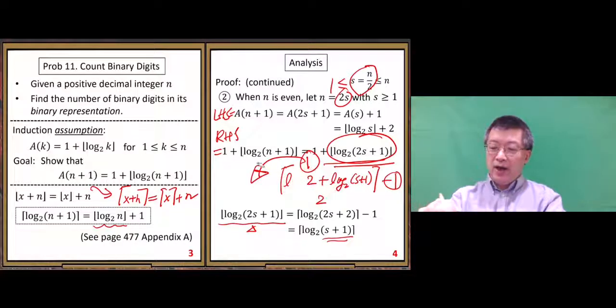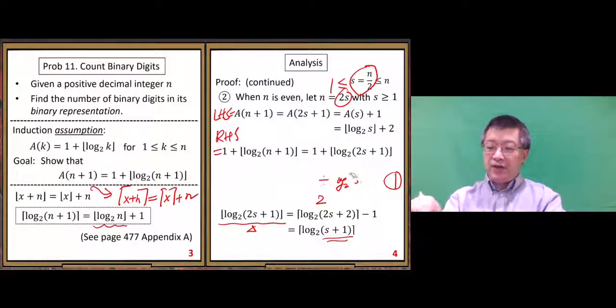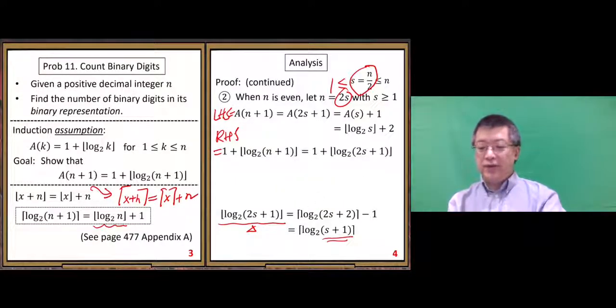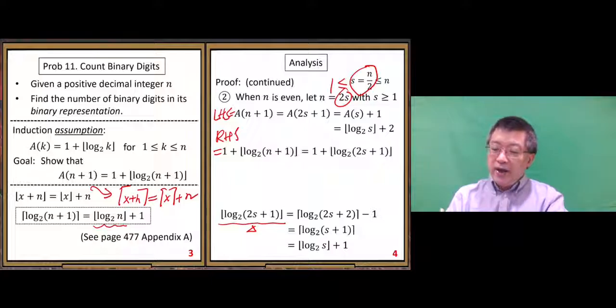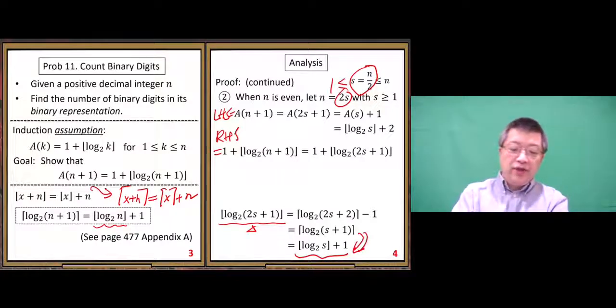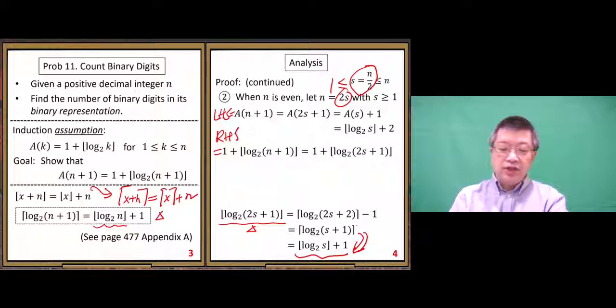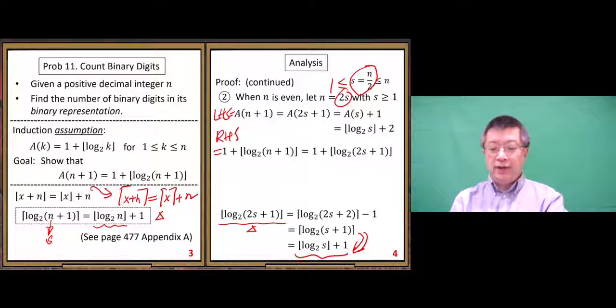After this, you get to this point. Before we put it back, we move another step. How do we get this? We use this formula another time. For the ceiling function, this time we use s in place of n. So you get the bottom formula.